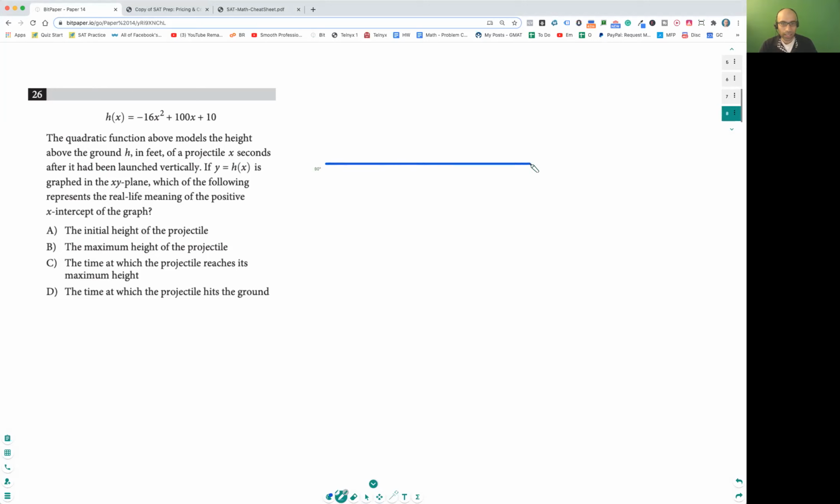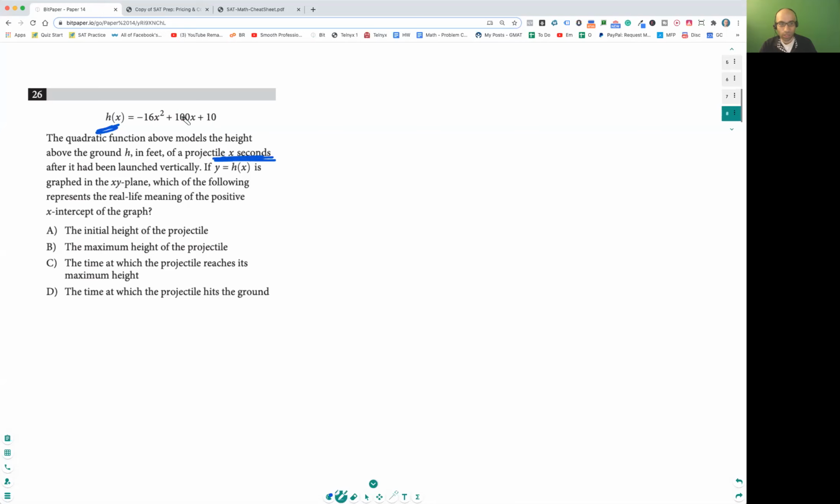It's starting over here, and then it's fallen over here, right? So what are they saying? The height is equal to x, where x is given in seconds. After x seconds, the height changes.